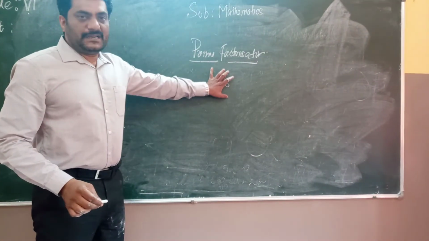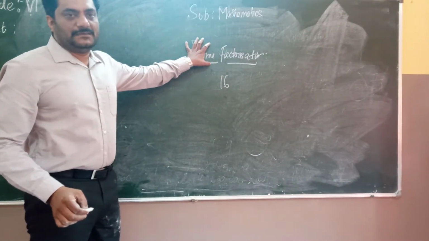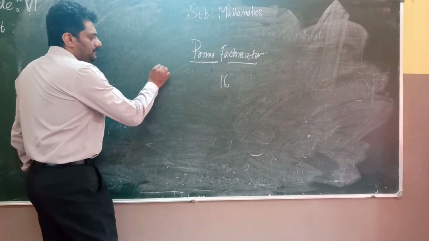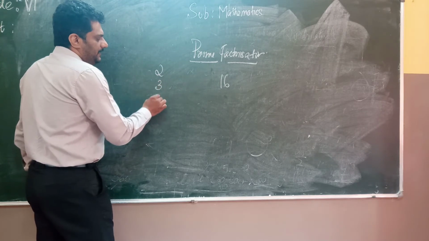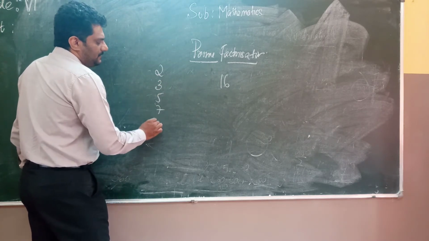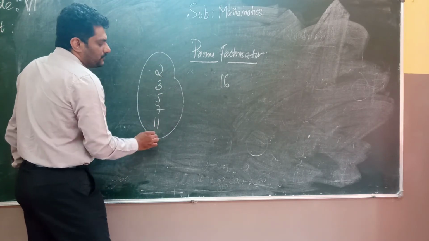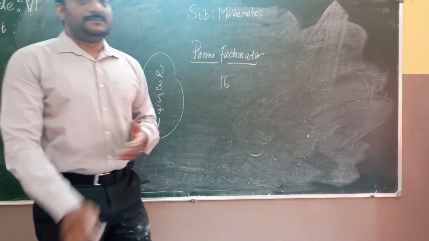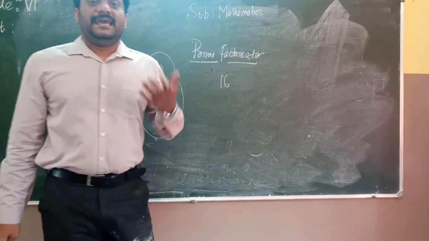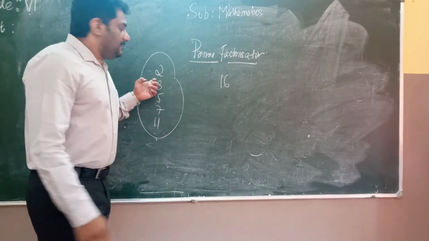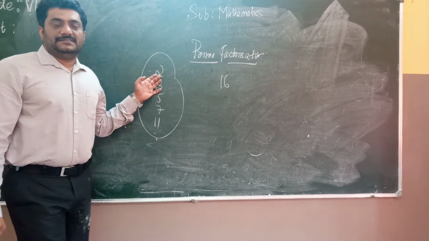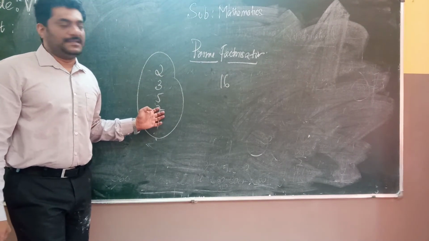You split this number using the prime numbers. What are the prime numbers? Prime numbers start with 2, 3, 5, 7, 11, and it goes on. Why are these called prime numbers? Because they are not divisible by any other number other than themselves and 1. That is why they are called prime numbers.